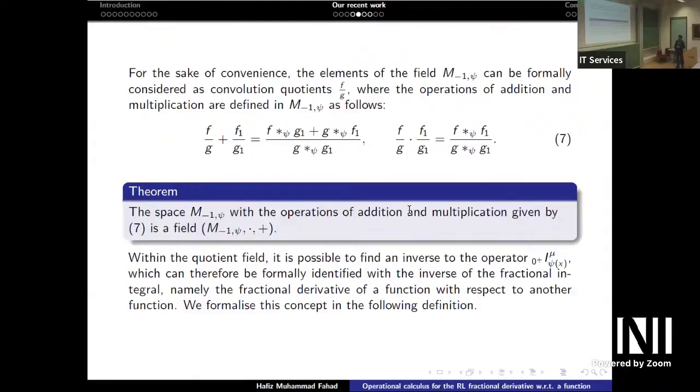The elements of this field can formally be considered as convolution quotients denoted by F by G, where the operations of addition and multiplication in this field are defined in 7. And again, we have a very important result, which says the space M -1 psi with operations of addition and multiplication given in 7 is a field. Up till now, we have found the field extension of the ring C -1 psi.